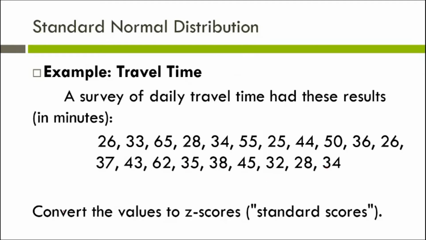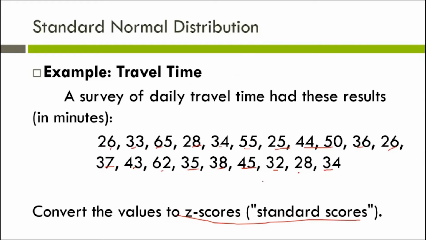Our task here is to convert these values to their equivalent z-scores or standard scores. So we have 1, 2, 3, up to 20. We have 20 values.